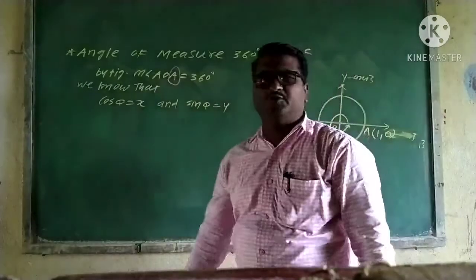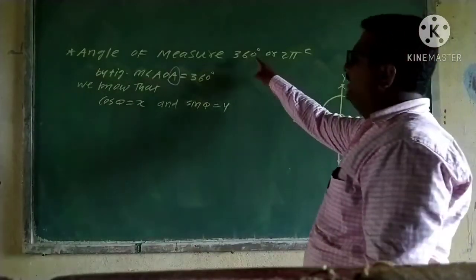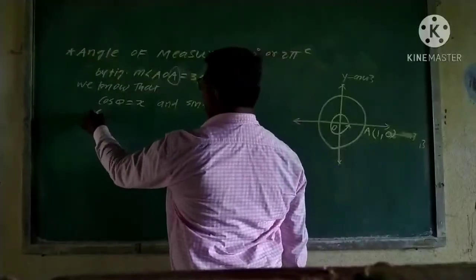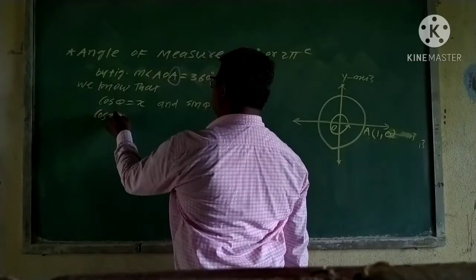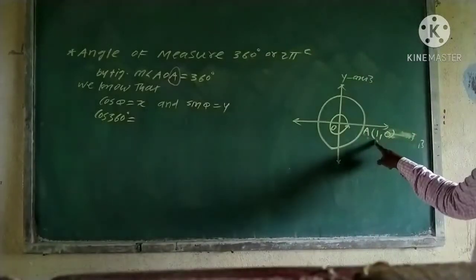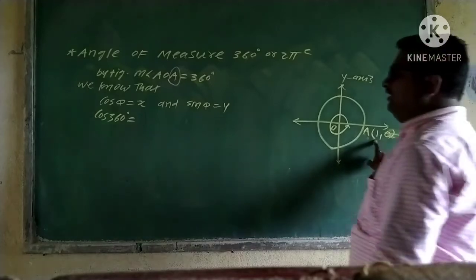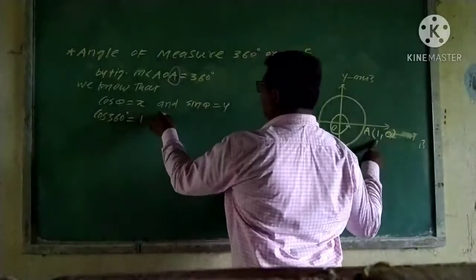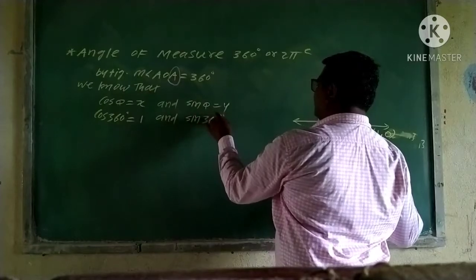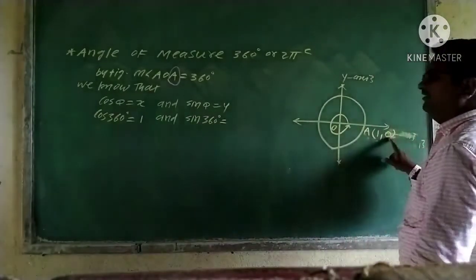Now where theta, the angle, is of measure 360 degree, so cos of 360 degree is equal to the value of x, the coordinate of A, that is 1, and sin of 360 degree is equal to y, the value of y is 0.